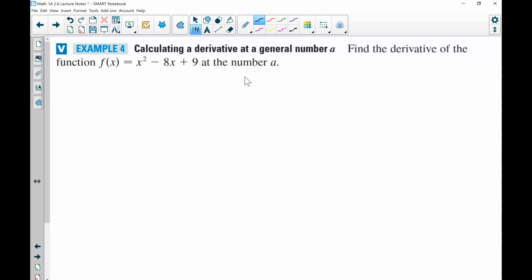Okay, so we have our definition, and our definition states that f prime of a is the derivative, which is equal to the limit as h approaches 0 of f of a plus h minus f of a over h.